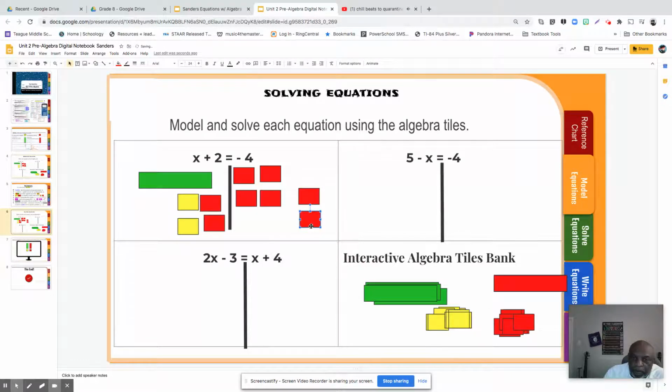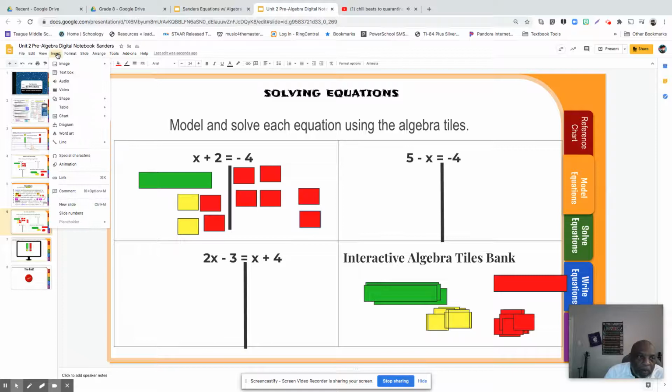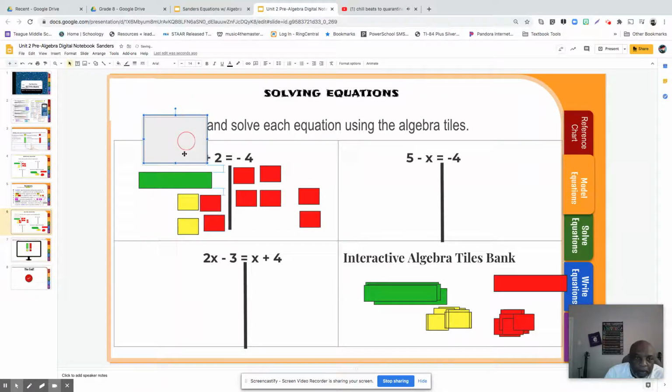All right, now when I do that, some of these tiles are going to eliminate each other. Since these are zero pairs, they eliminate each other.